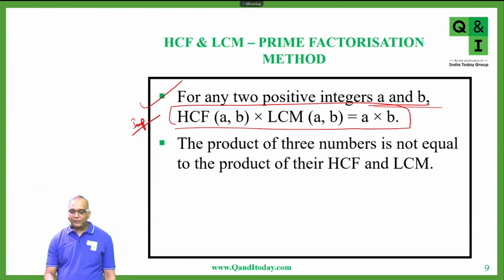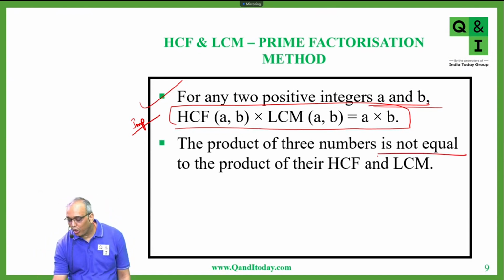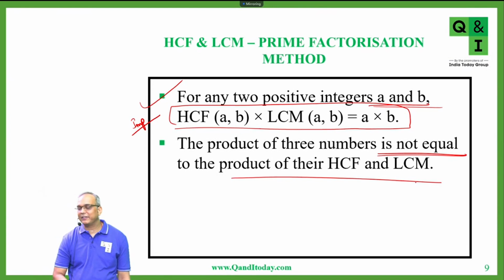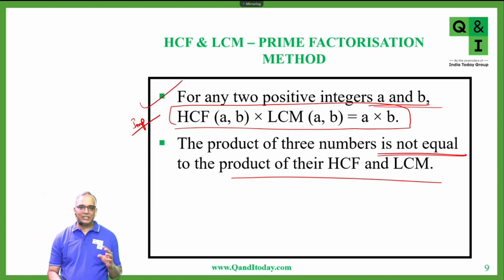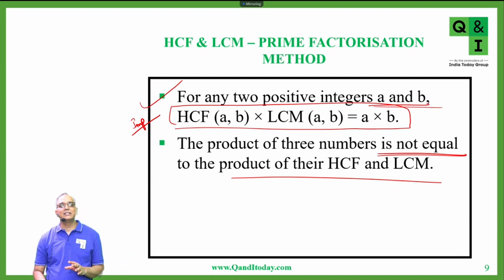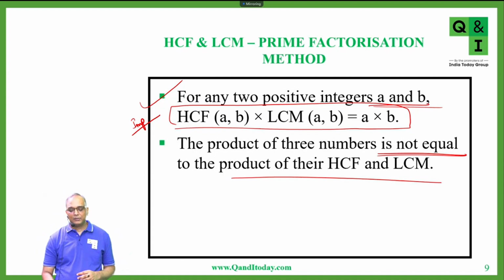So the product of three numbers is not equal to the product of their HCF and LCM. So if you have three numbers, let's say 15, 20 and 25, if you find the HCF and LCM of these three numbers, the product of these three numbers may not be equal to the product of HCF and LCM. Okay. So this is only valid for two positive integers.